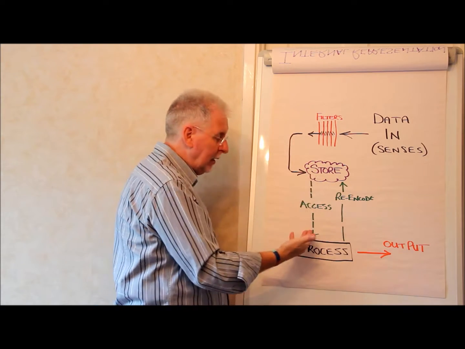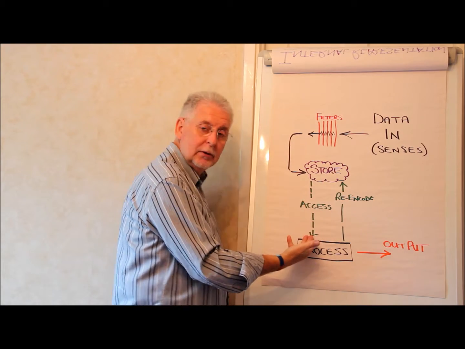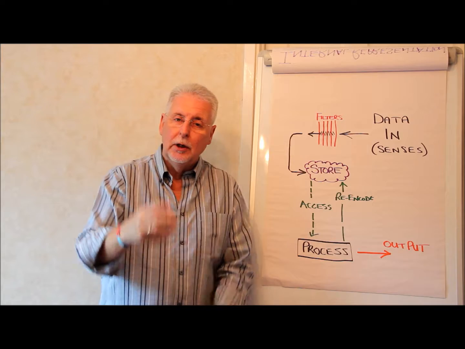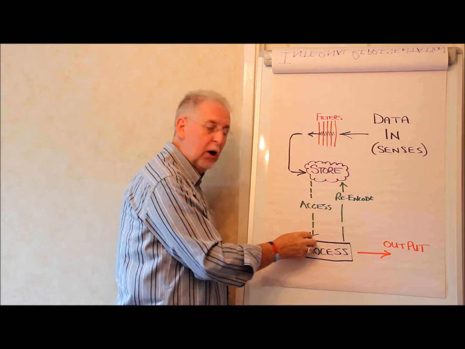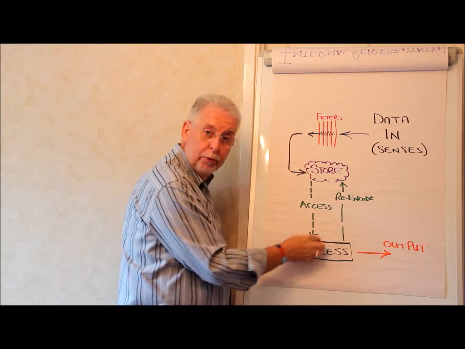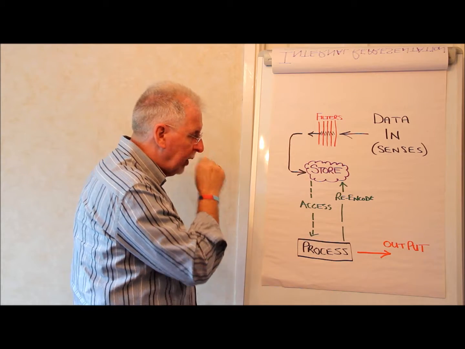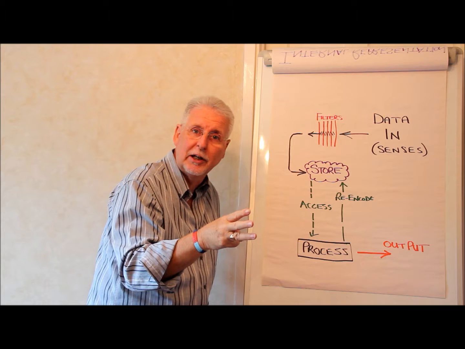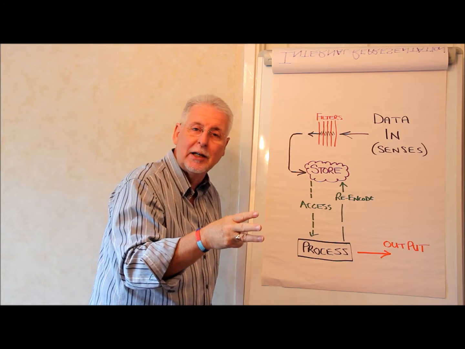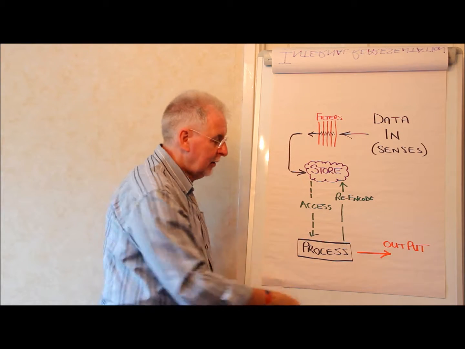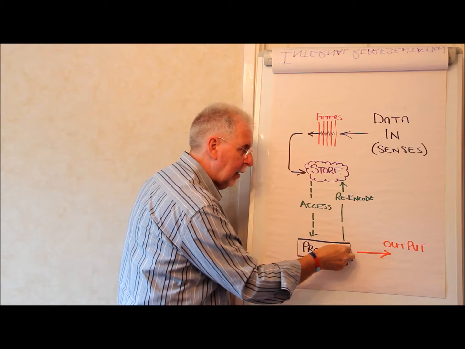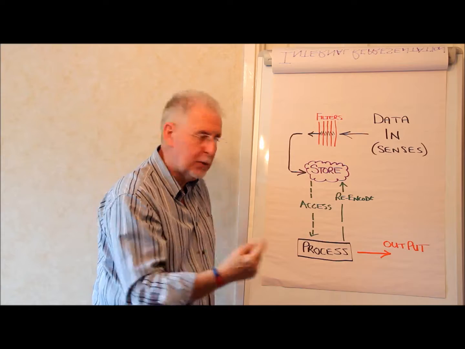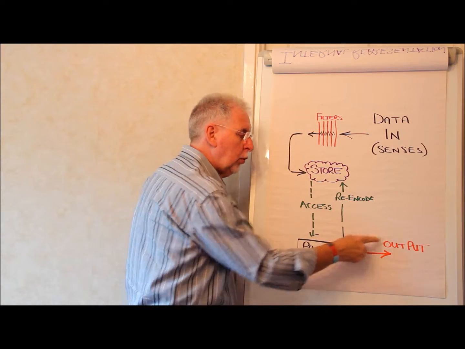And to do that, we need to access that information from our hard drive. And it's a bit like you have your keyboard, you access information from the hard drive, you do something with it, you process it, and then you do one of two things. One of three things, actually, except that in our case, we don't actually delete. You then either re-encode your adjusted experience, or you output it.